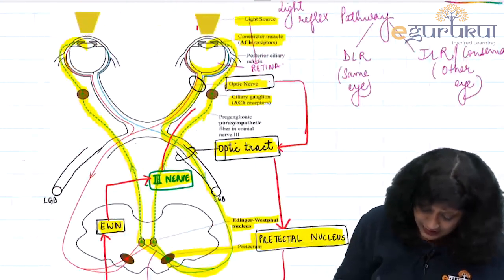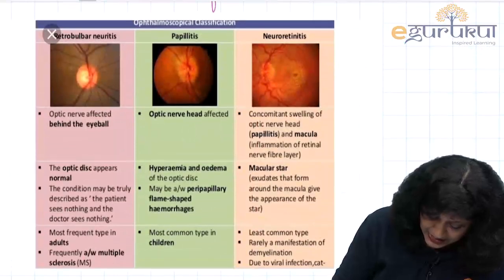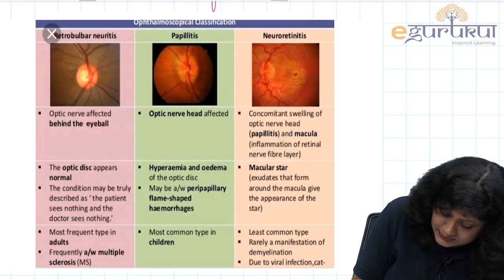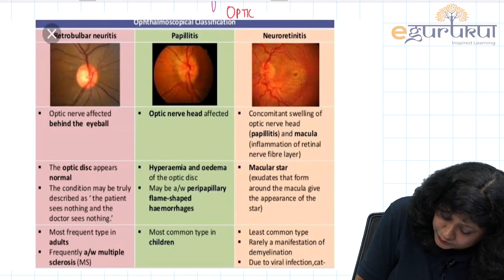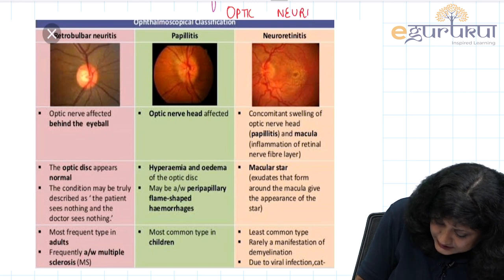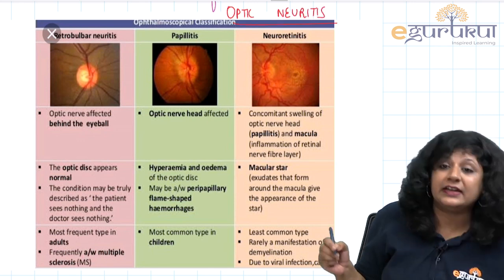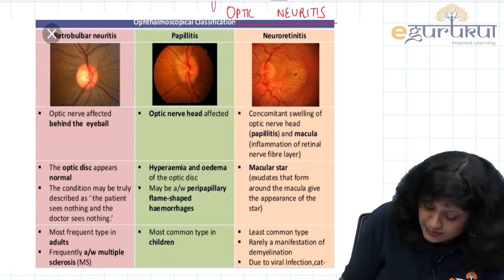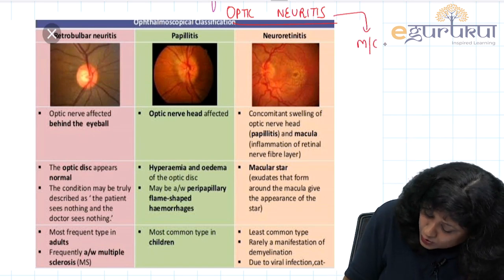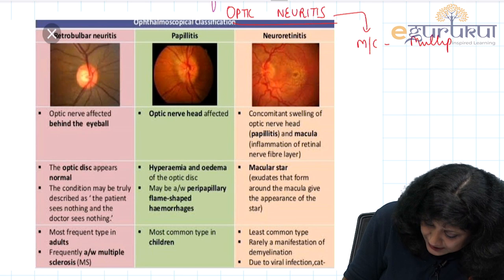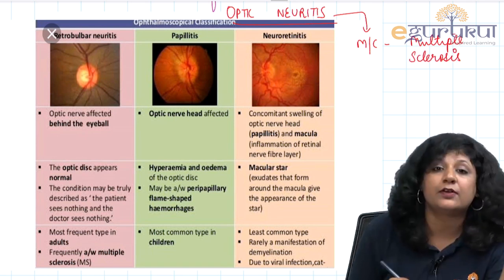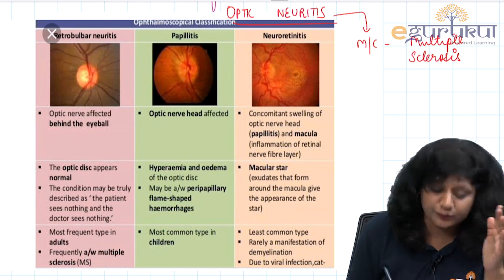Alright, now we will try to see some important aspects of optic neuritis. See, the most common cause of optic neuritis is multiple sclerosis, and you have got three kinds of optic neuritis.